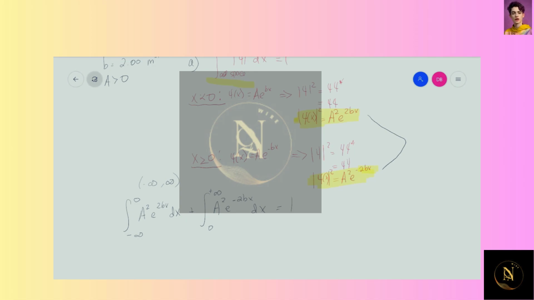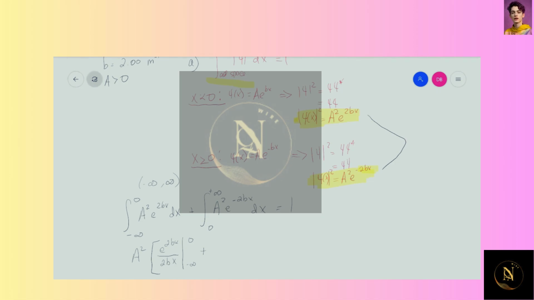If we simplify this a little bit, we can take out an a squared. If we go ahead and do the integrals, the first integral will be e to the 2bx over 2b, from negative infinity to 0.